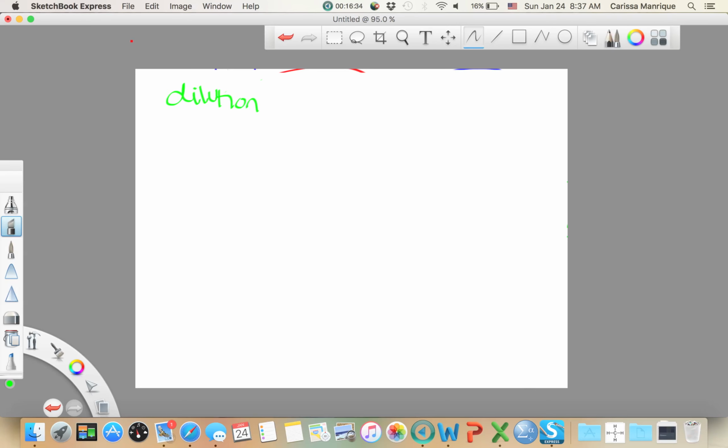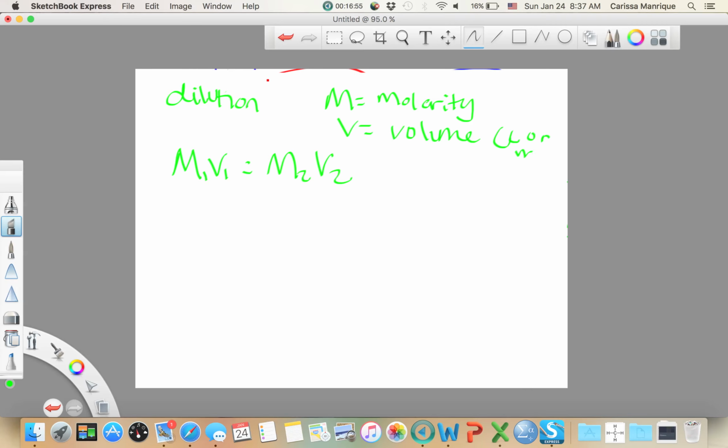or diluted, some form of dilution or dilute, you're going to use this formula here. M1V1 equals M2V2. M stands for molarity. V is volume. And you could put that in liters or milliliters. It actually doesn't matter.